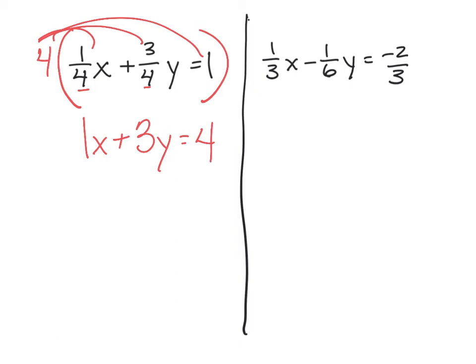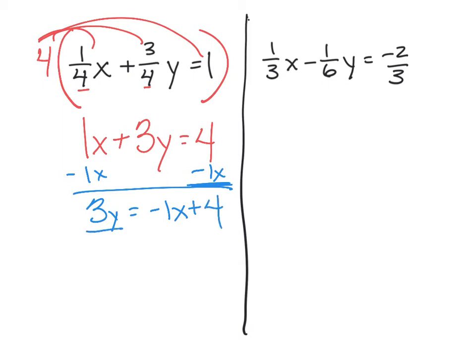And I can subtract 1x from both sides. So I get 3y equals, I'm going to put my negative 1x first. And it's a positive 4, so I'm going to write plus 4. Y equals mx plus b. I want to get y by itself, so I'm going to divide by 3. Divide by 3 on this side.